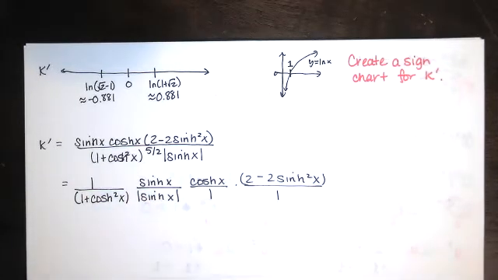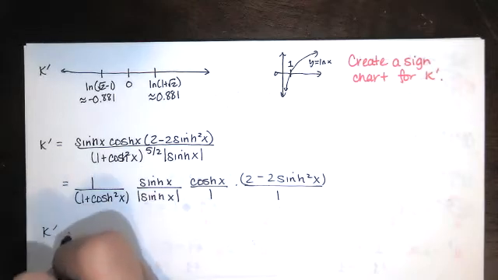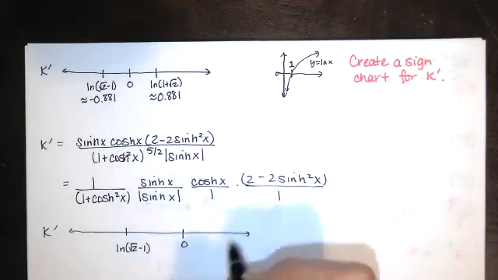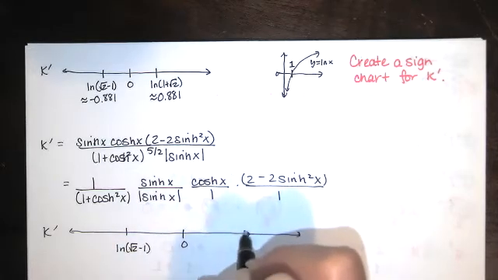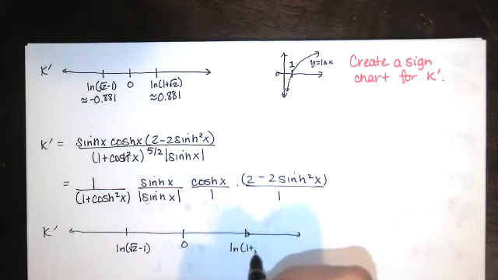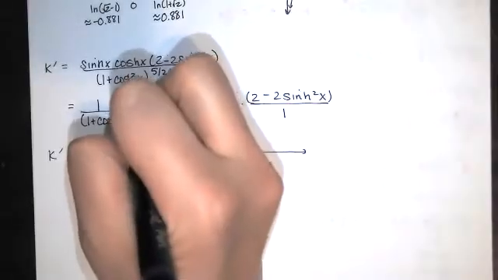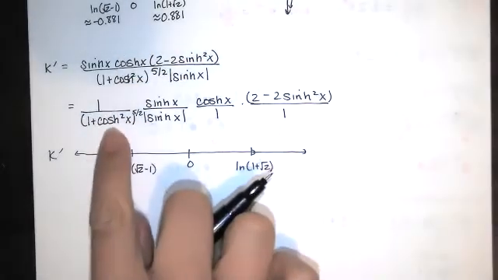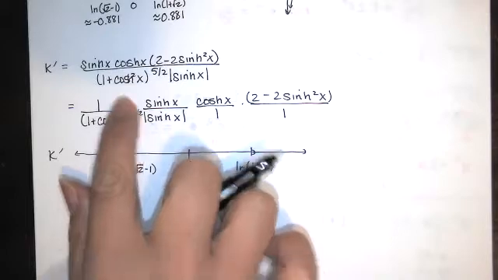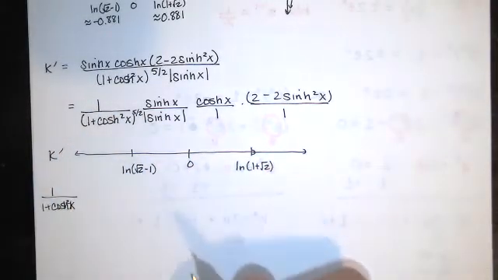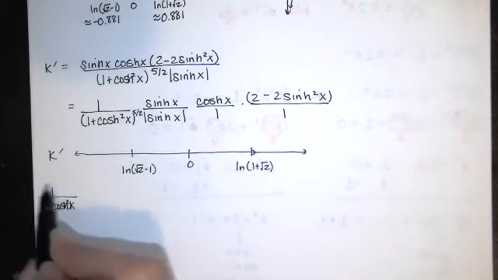I'm going to make my sign chart down here again. Okay, and that's to the 5/2. I forgot that 5/2. Well, hyperbolic cosine is always positive, so this is going to be a positive number. Oops, forgot that h. It does not matter what x is, this is positive.